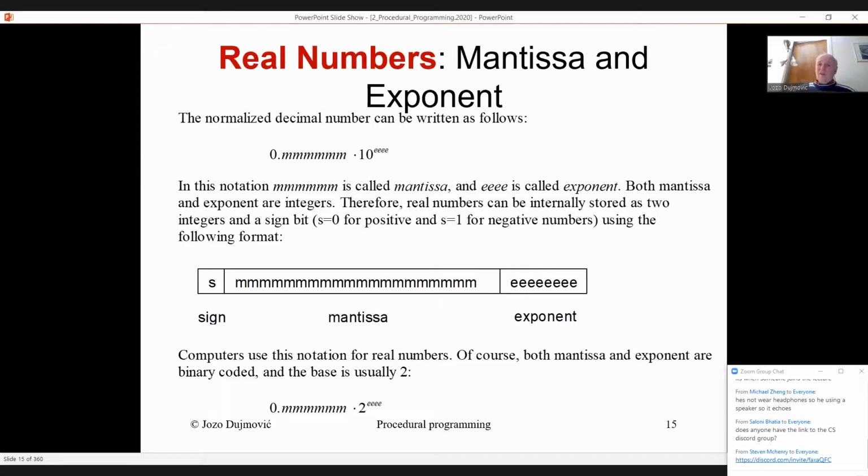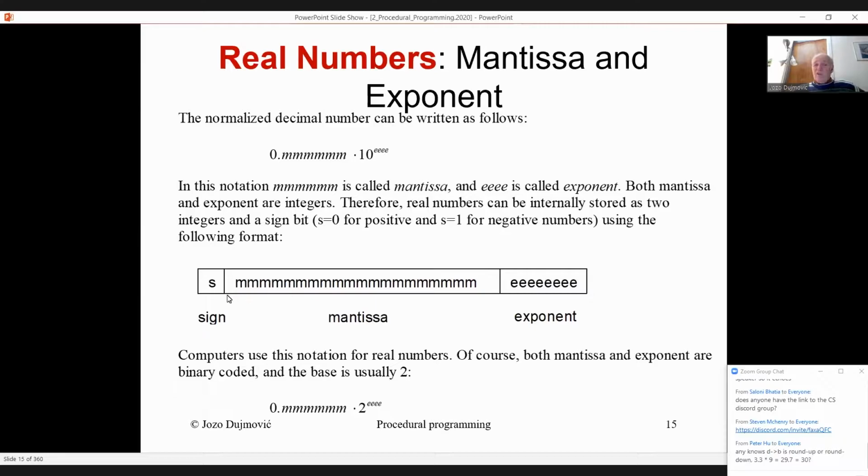If you have a real number 123, then it is going to be 0.123 here, and here will be 3, times 10 to 3, and this is 123. So we have two integers that are used for storing the real number in memory.